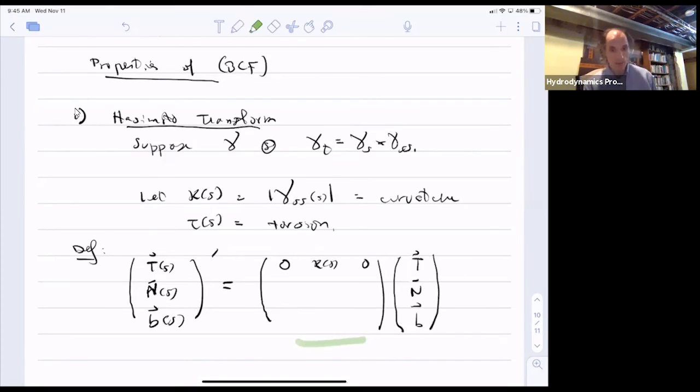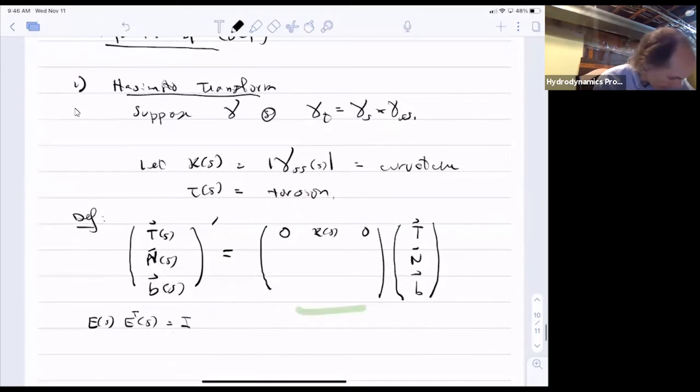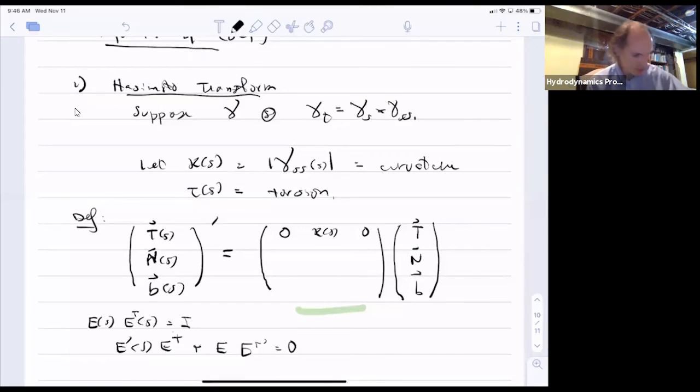If I differentiate this, this matrix is going to be antisymmetric. At every point, if I call this matrix E of s, then E of s times E transpose of s is the identity. If I differentiate that relation, I'll find that E prime times E transpose plus E times E transpose prime is 0, which tells you that this is antisymmetric.